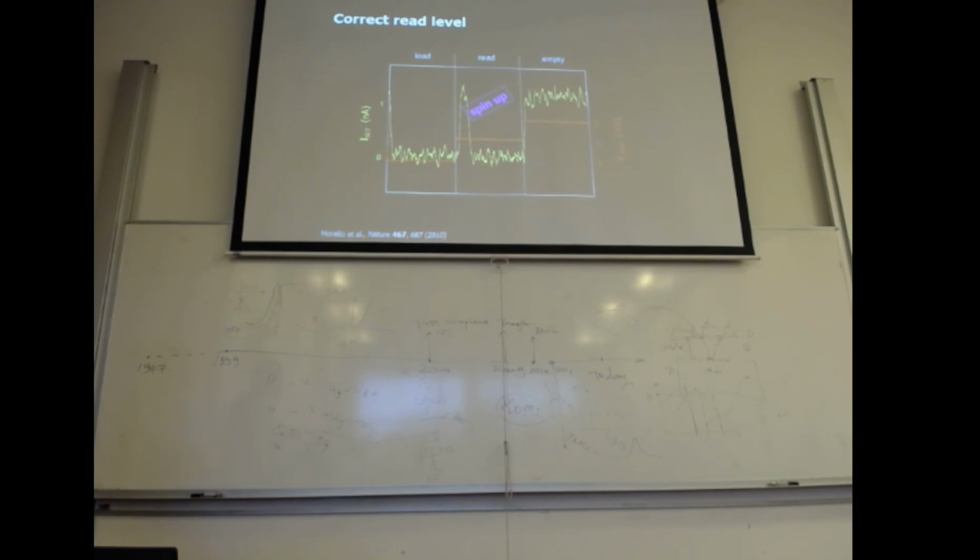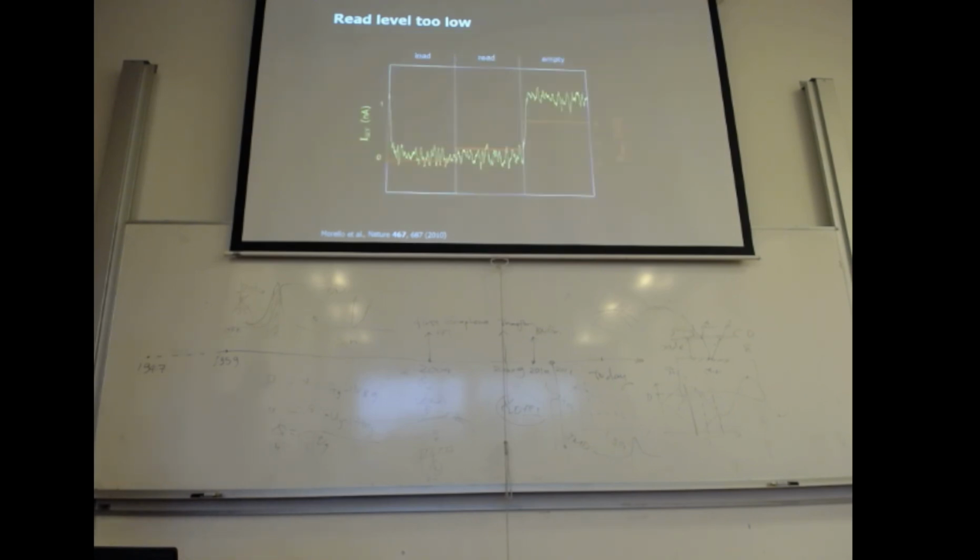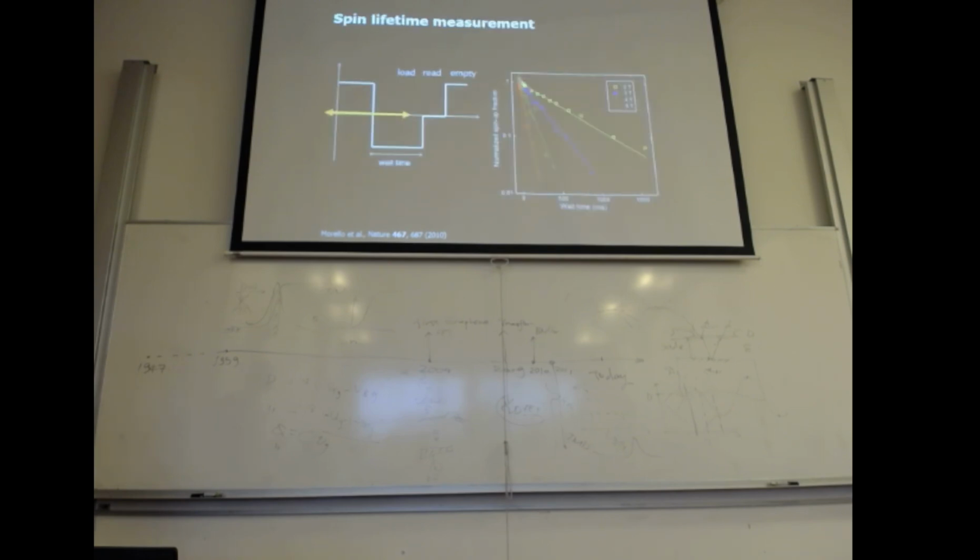So this tells you current switching off means the donor is neutral. And when you are too low, of course, nothing really happens. You don't have this clear signal that you observe here. There are always some dark counts, but this is the signal you look for, this clear, bright current peak.